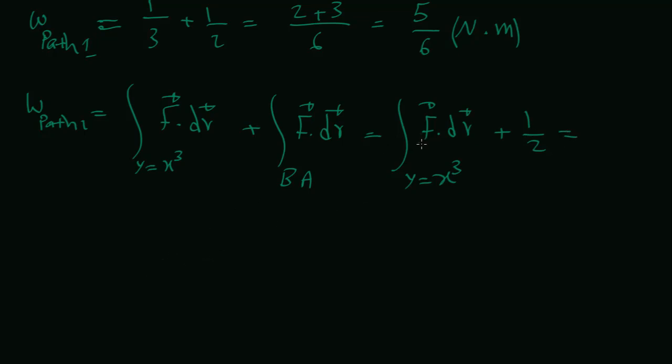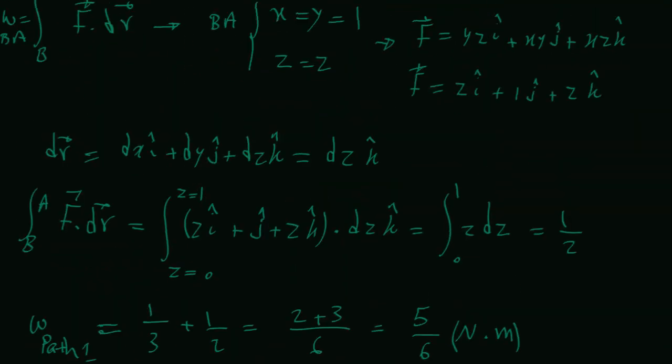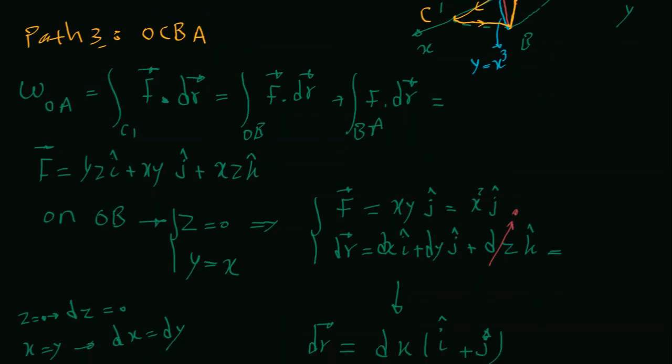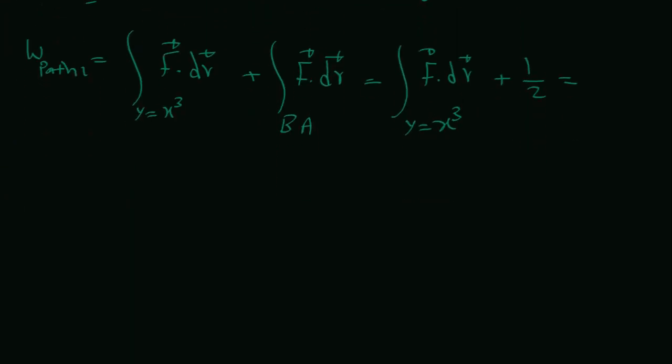So what is F on this curve path? Again this path is just in the xy plane, which means that z is equal to 0. So in the equation for the force we just substitute z equal to 0. We also know that y is equal to x cubed, so we use that to get an equation for dy and dx.